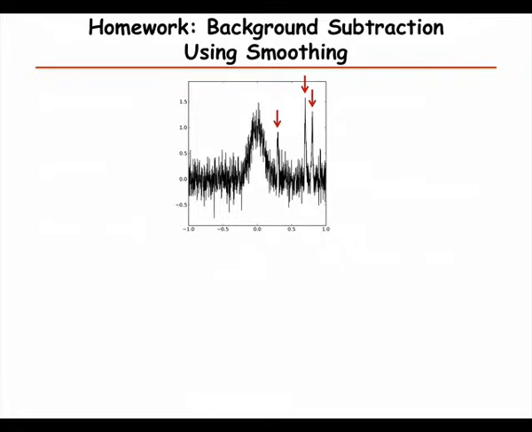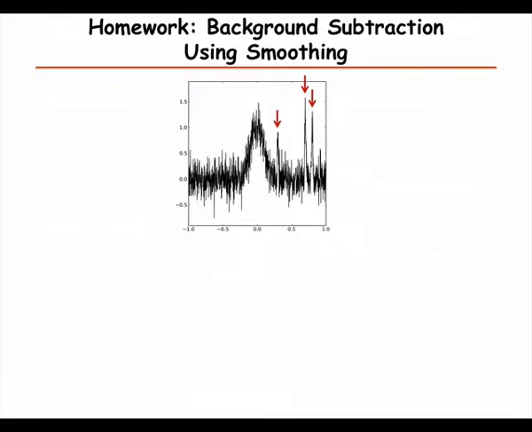So the homework I'd like you to look at this time is how one can use background subtraction for smoothing. There is a Perl script on the website that you can download, and we're going to go through in more detail what the different commands mean, but you can change the parameters.